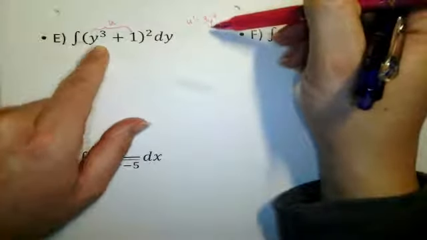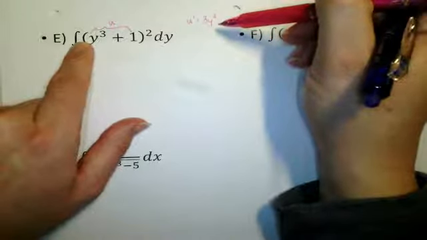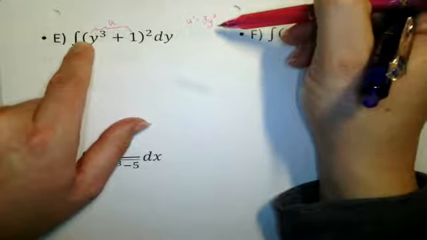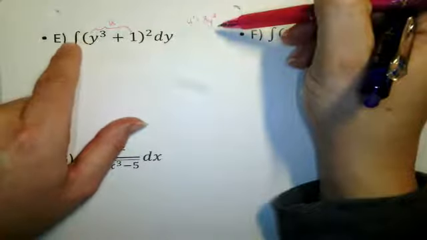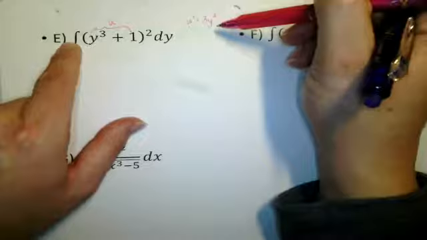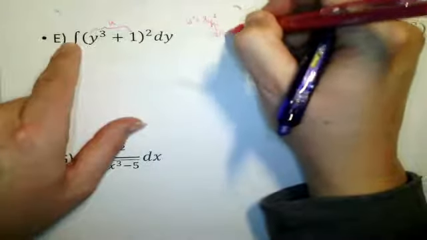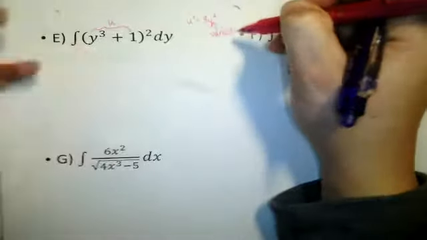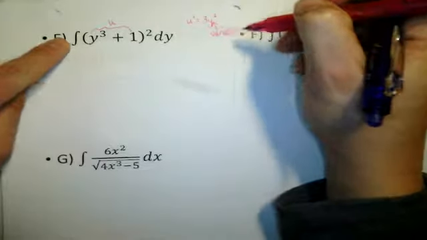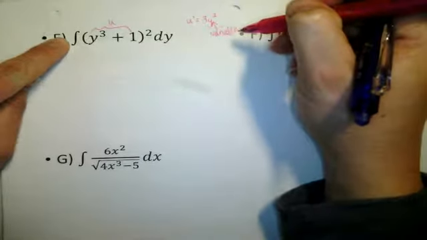Now, I could certainly multiply the inside by 3y squared, but I can't move it to the outside to balance things out. I can't divide on the outside by 3y squared because this is a variable. We can't pull it outside the integral because then we're not integrating the variables, okay?